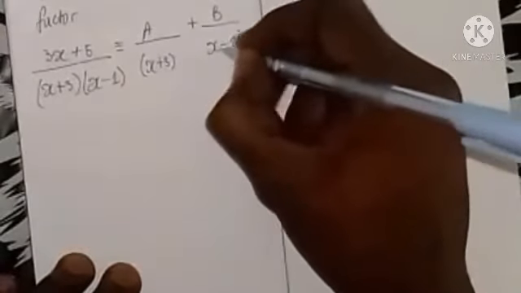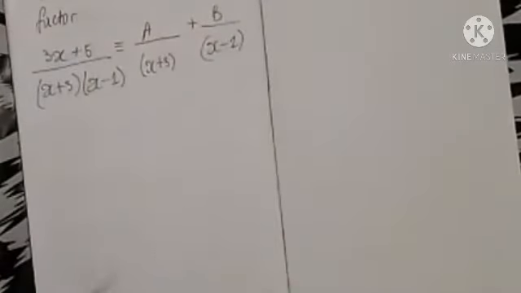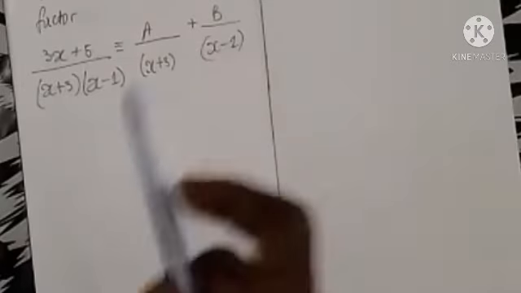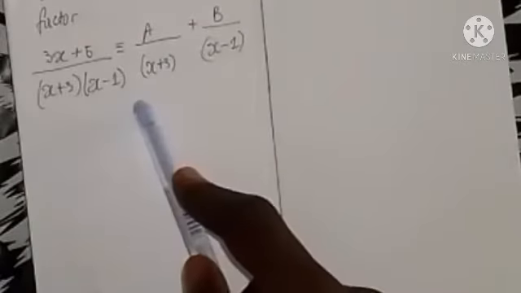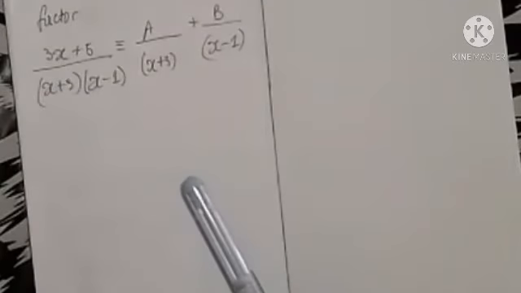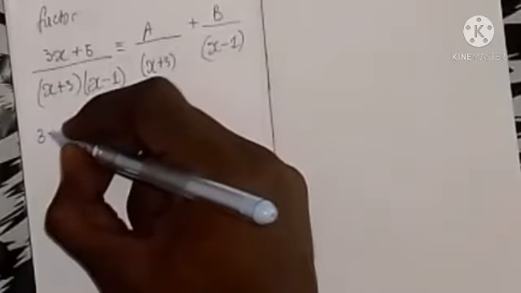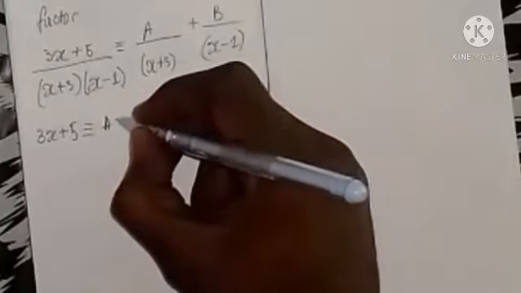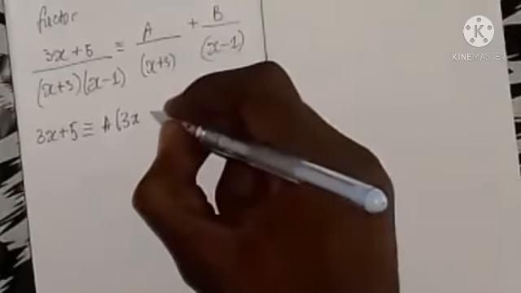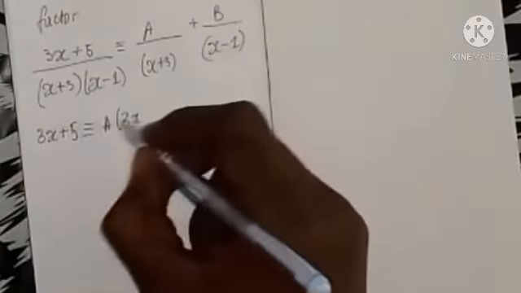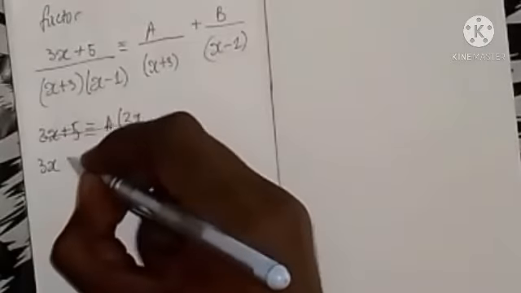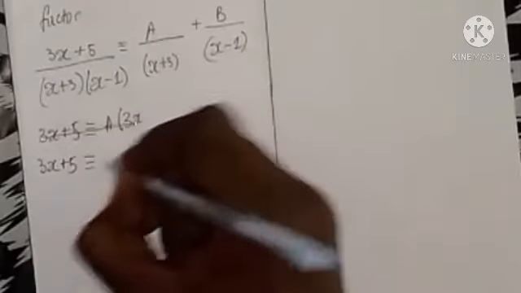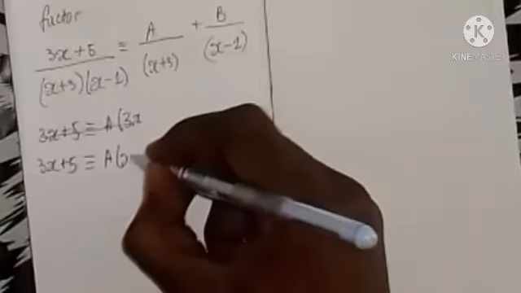Now I want to multiply both sides by the denominator of the left hand side, and doing so we're going to have 3x plus 5 identical to a into x minus 1 plus b into x plus 3.